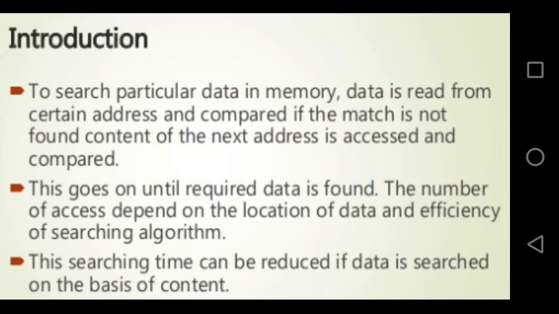To search particular data in memory, data is read from a certain address and compared. If a match is not found, the content of the next address is accessed and compared. So this is the general procedure in normal types of memories, where the address is compared with all the addresses of the memory.